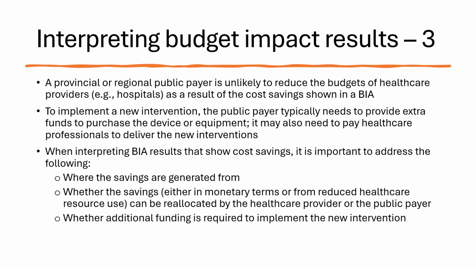When interpreting BIA results that show cost savings, it is important to address the following: where the savings are generated from, whether the savings, either in monetary terms or from reduced healthcare resource use, can be reallocated by the healthcare provider or the public payer, and whether additional funding is required to implement the new intervention.